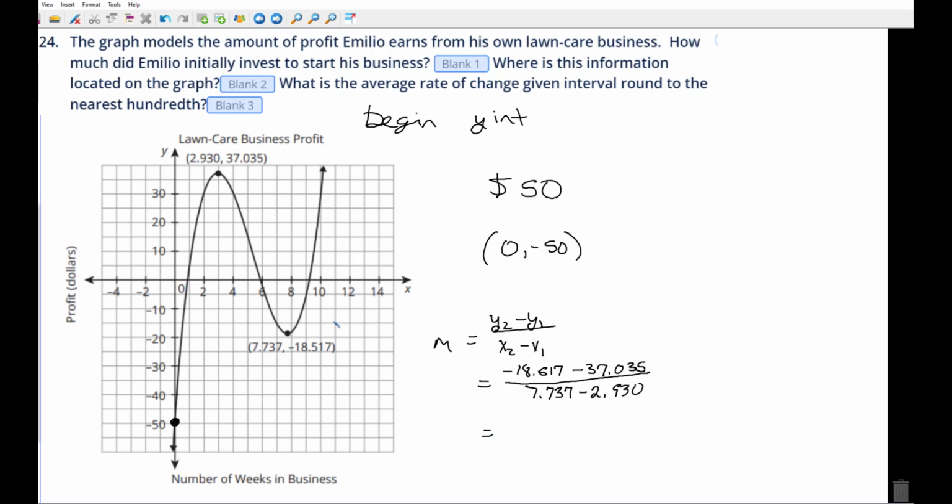And when you divide this, since the line's going down, we know it's going to have a negative slope. It's going to be a negative 11.56.